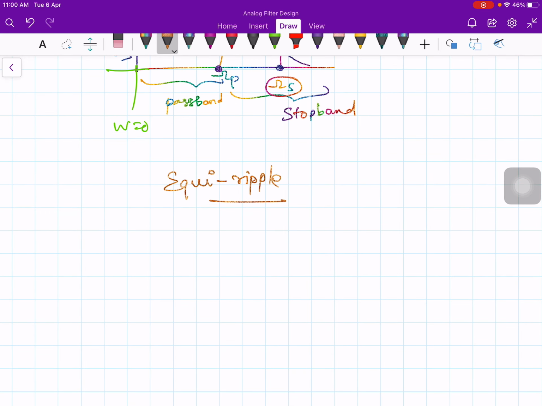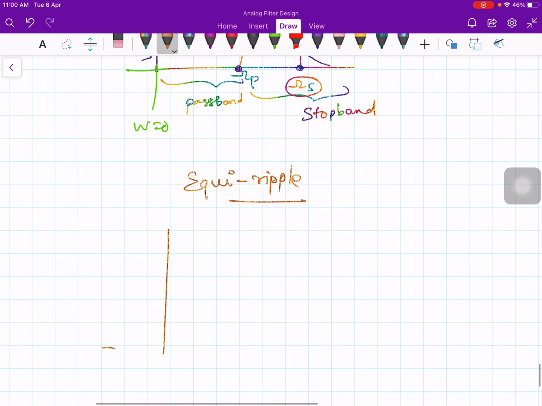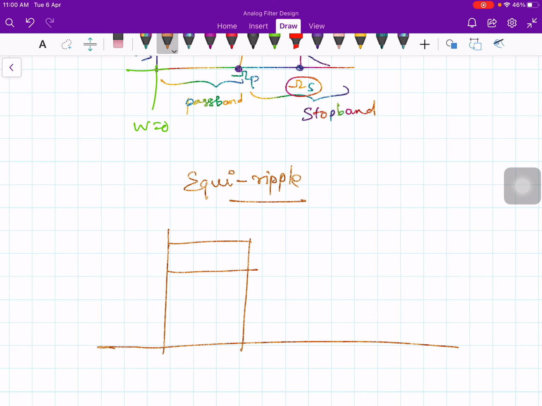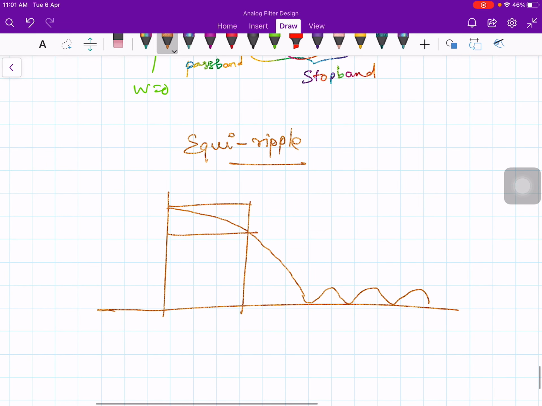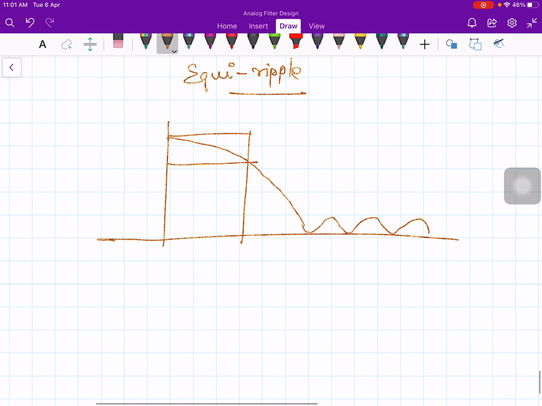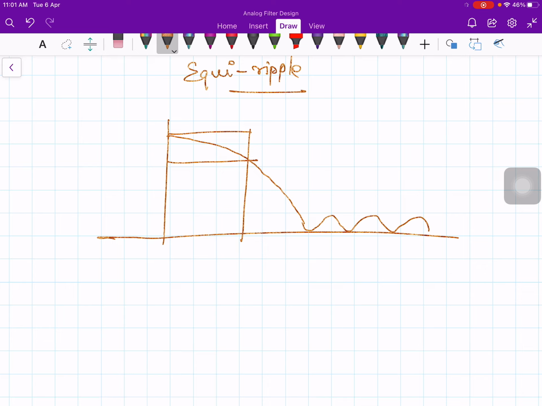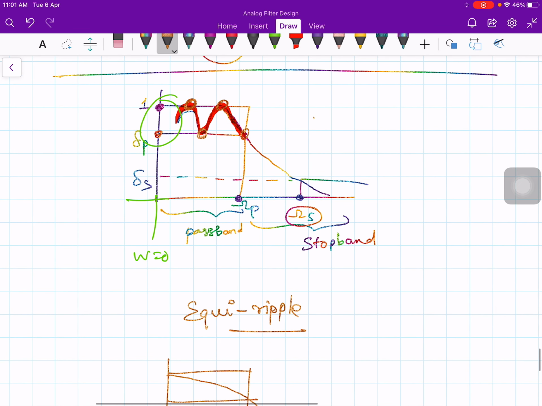There can also be another type of Chebyshev. We can reverse the roles, so that in the pass band there is monotonicity and in the stop band there is a ripple. This is called a type 2 Chebyshev low pass filter, and the earlier one is called a type 1 low pass filter. In type 1, there is equal ripple in the pass band and monotonic behavior in the stop band. In type 2, it is monotonic in the pass band and equal ripple in the stop band.